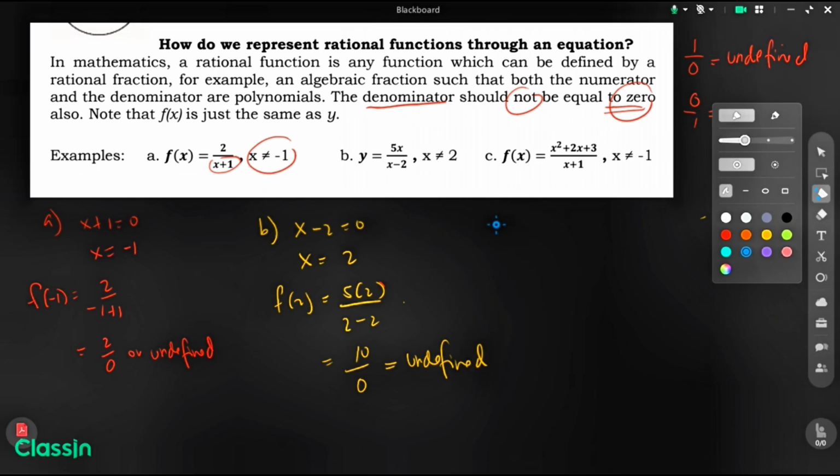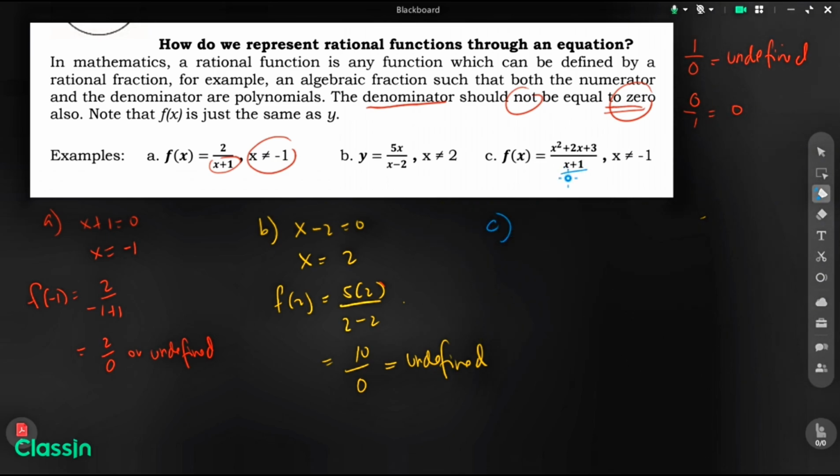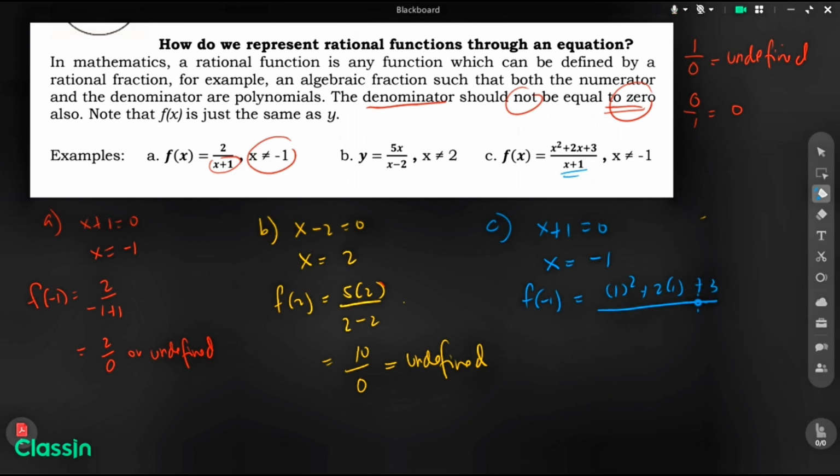Let's move on. What about letter C? Let's get the denominator of C, which is x plus 1, equate it to 0, and get the value of x, which is -1. So let's check. F of -1 is equal to (-1) squared plus 2 times -1 plus 3 all over -1 plus 1.